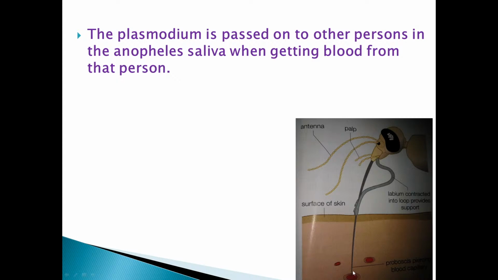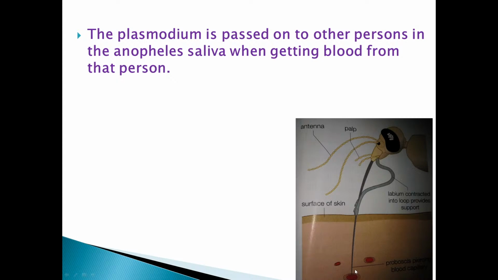Once the mosquito penetrates the surface of the skin, it tries to locate the blood capillary, which is a blood vessel, and that's how it gets to suck the blood out of the infected person, because it searches for a blood vessel once it penetrates the surface of the skin.